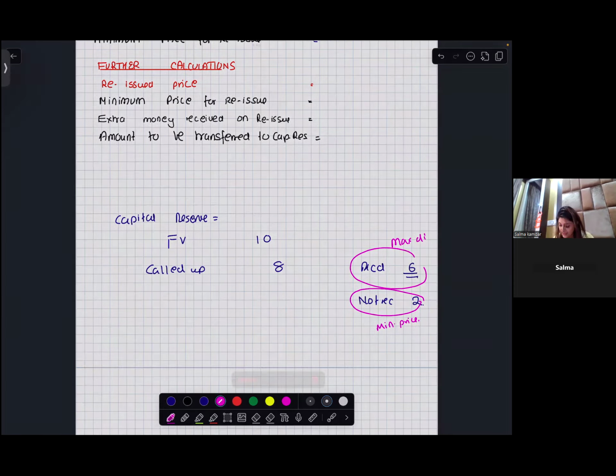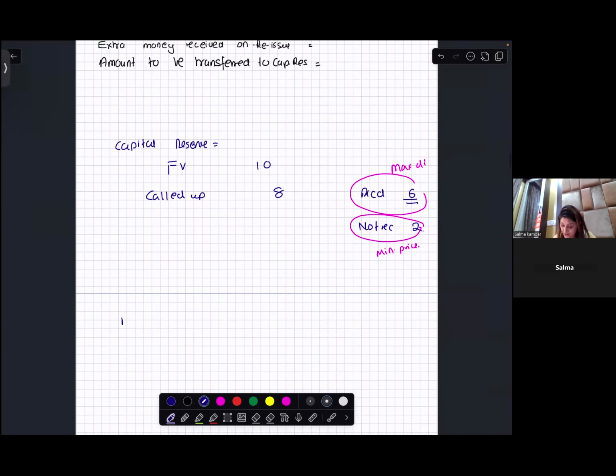Now you have to reissue these shares at the minimum price. That means you have to reissue these shares at 2. But say your reissue price is 7. The minimum price for reissue was 2.